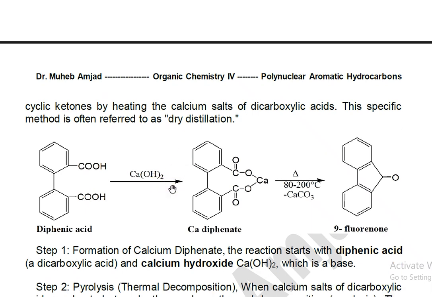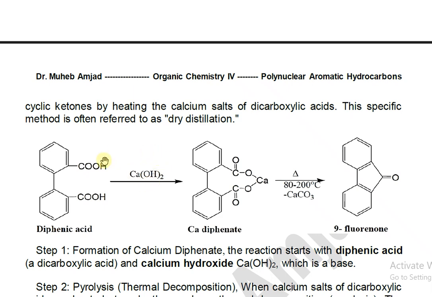The distillation here takes place in a closed system without water. We said the condition of the reaction is dry, without any water molecules. So this diphenic acid reacts with calcium hydroxide.